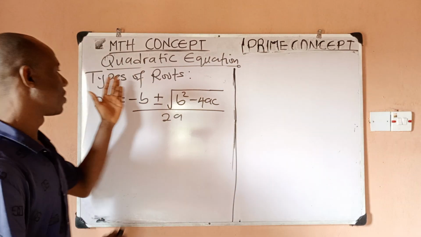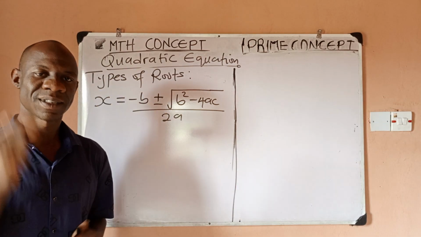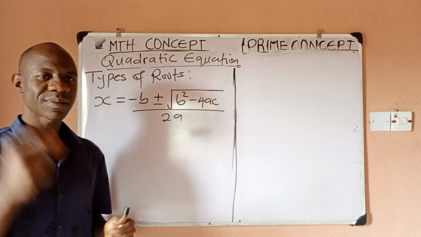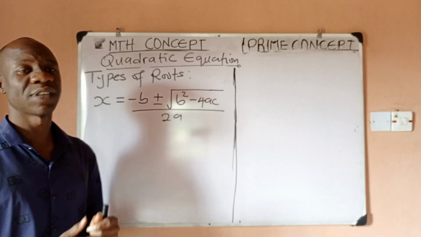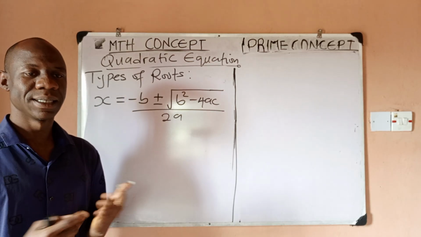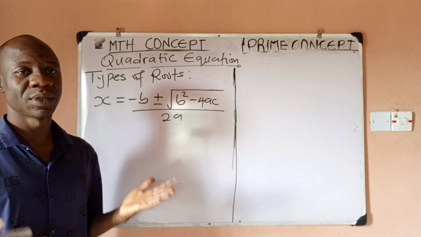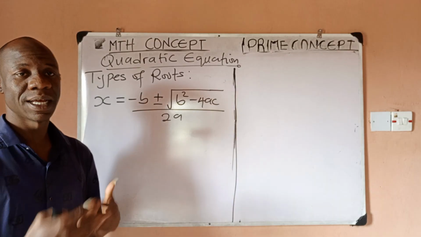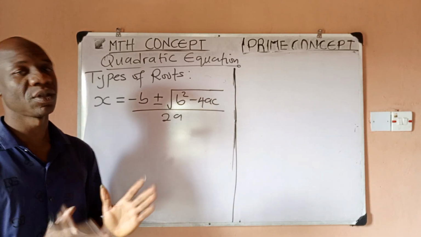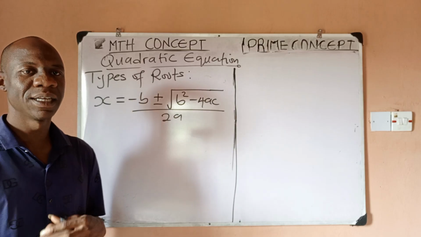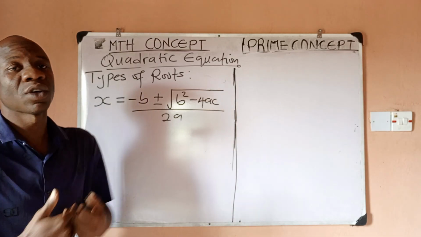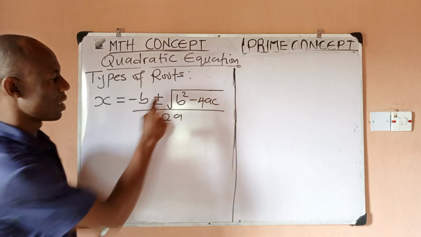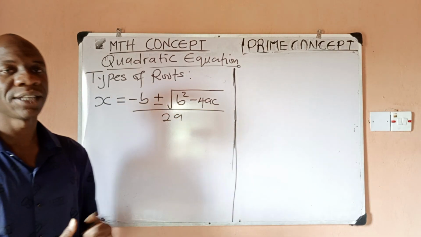Now, when we say we want to consider the types of roots, you notice that when you solve a quadratic equation, it's possible that you would get real answers, normal answers. Say you would get x as 2, x as minus 3. These are real numbers, real answers. It's also possible, just like you saw in our previous video, that you will end up having a negative sign inside your root.